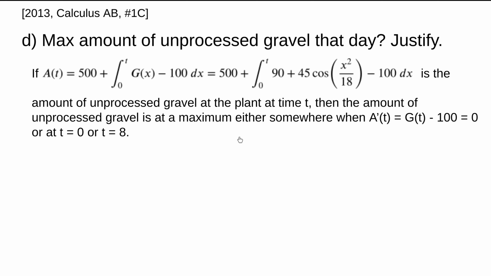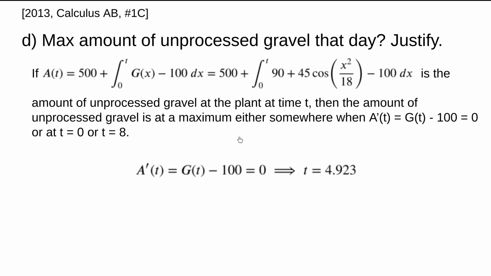Then the amount of unprocessed gravel will be at a maximum either somewhere where the derivative of A, which is equal to g of t minus 100, is equal to 0, or possibly at one of the endpoints 0 or 8. We're not really sure. It could be at an endpoint. So a prime of t is just g of t minus 100.